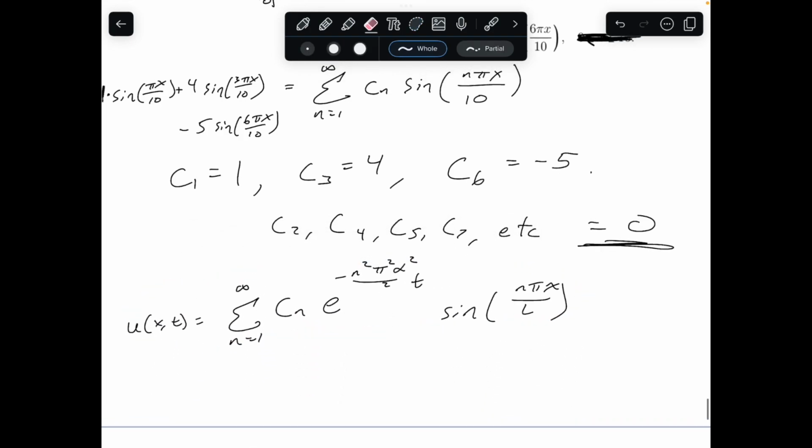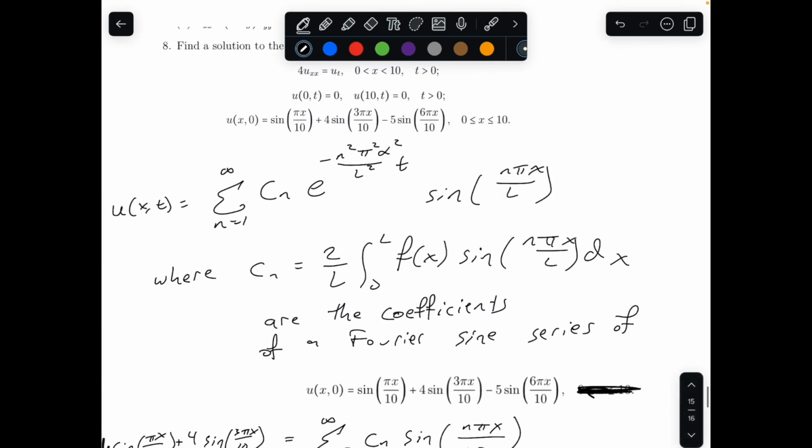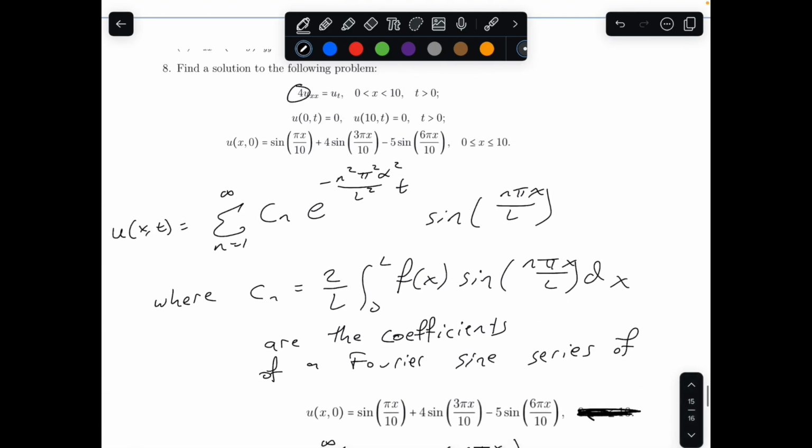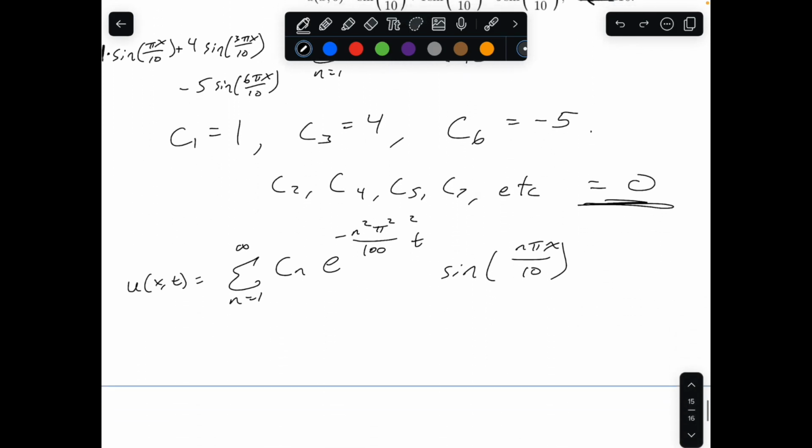And so u of x, t, which equals this, let's copy that, bring that down here. Let's actually replace the L's and the alphas in the proper way. So L is 10, so L squared is 100. What was alpha? Okay, yeah, alpha is 2 in this case, so alpha squared is 4.